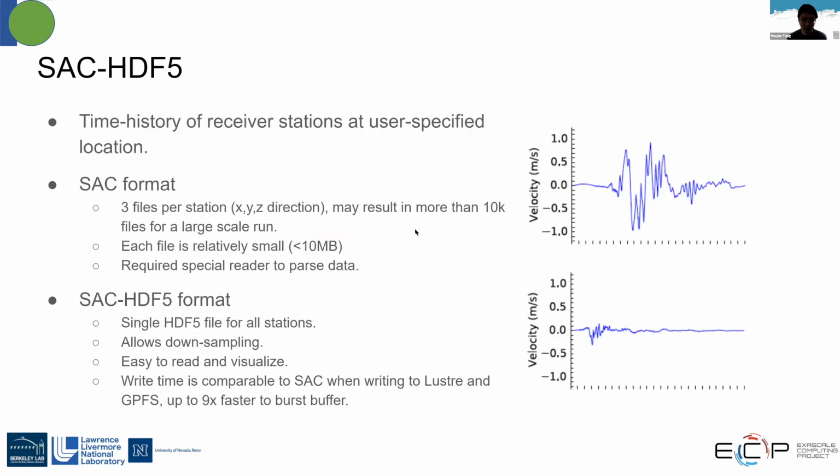For the single point station time history, we have the output called SEC HDF5. SEC is a pre-existing binary format, but the problem with the SEC format is that each station results in one file, and in a typical large-scale simulation there can be 3,000 or 5,000 stations, resulting in tens of thousands of files, which is extremely difficult to manage.